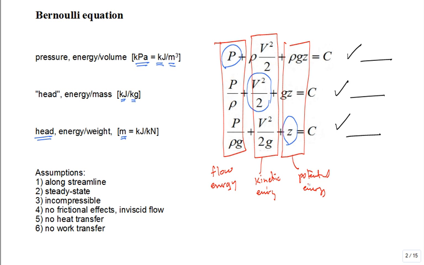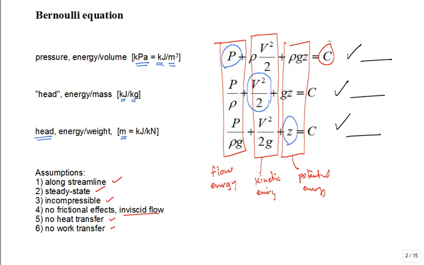And for flow along a streamline, steady state, incompressible, inviscid flow or negligible frictional effects, no heat transfer, no work transfer, it's just conserved mechanical energy. The energy of that pack of fluid flowing through that system can change between the potential energy, kinetic energy, and flow energy, but the sum is conserved. That's what they're saying. The sum is equal to a constant.